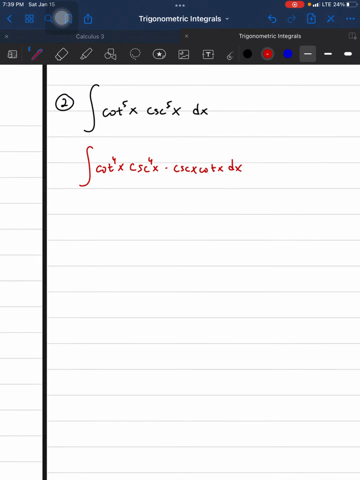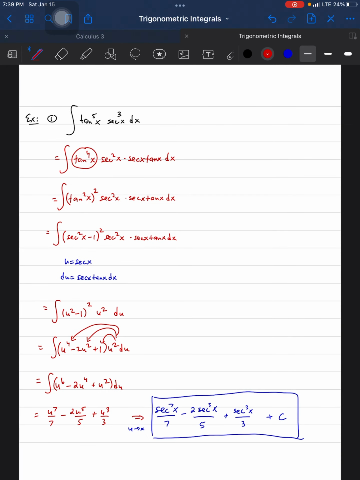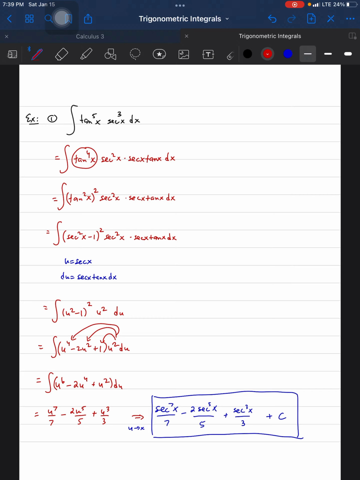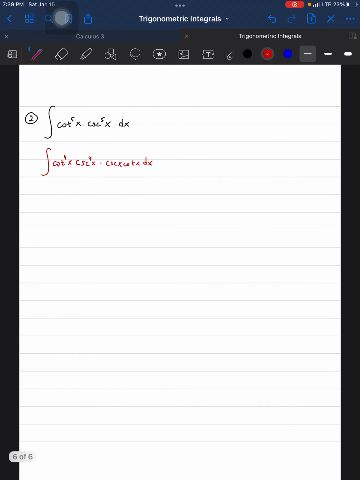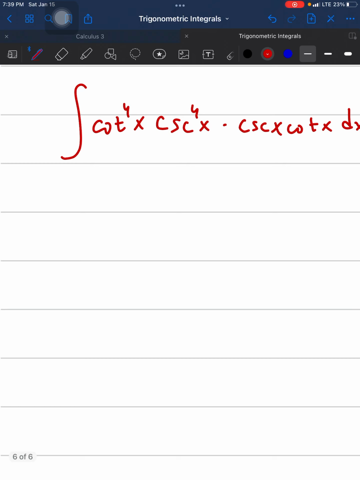The next step: right now we have the same problem as previously, where we had tangent to the fourth x and there was no obvious second power of tangent. So we have to rearrange this equation a little so that we have cotangent squared x, so we're able to substitute the Pythagorean identity.